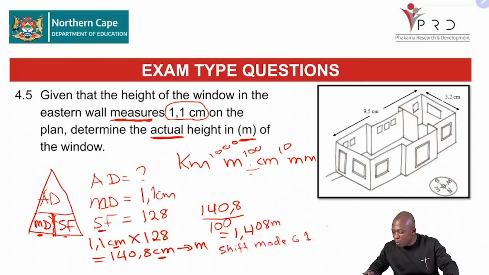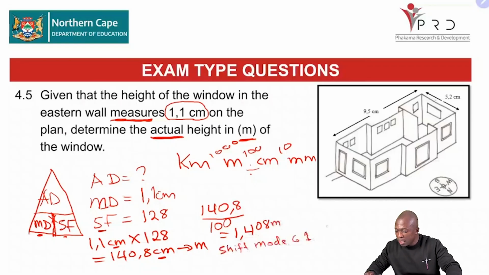I want you to help me here. What are you going to get if you press Shift Mode 6.2? Let's go. Shift Mode 6.2. Good. What are you going to get? Good. Keep trying it and you're going to get the answer correct. If you don't understand, let's go. We have 1.408.